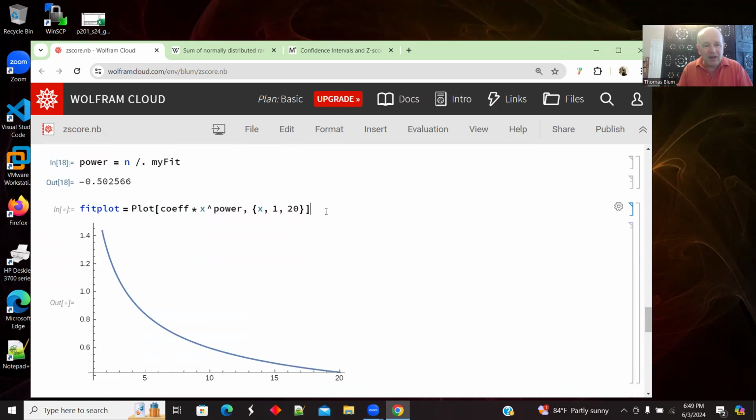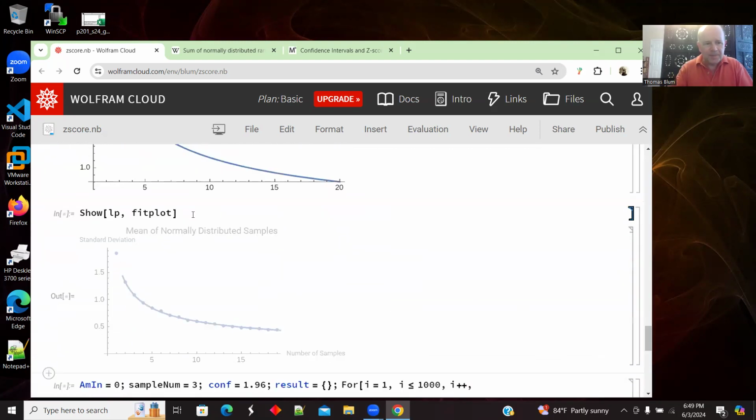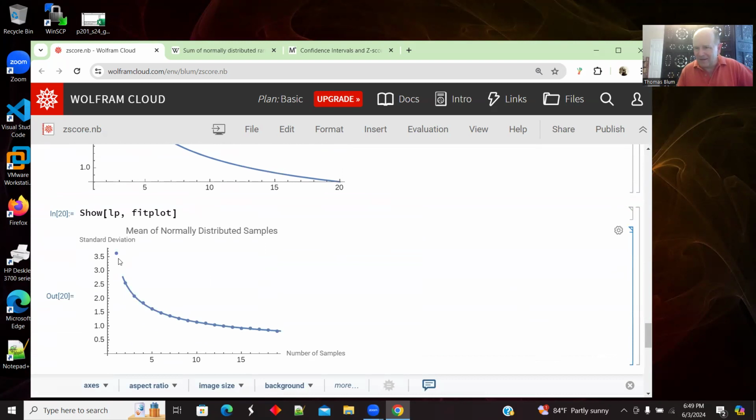And then I'm plotting that mathematical fit and putting them together. So we see that is an excellent fit. So this is how the standard deviation depends on the number of samples.